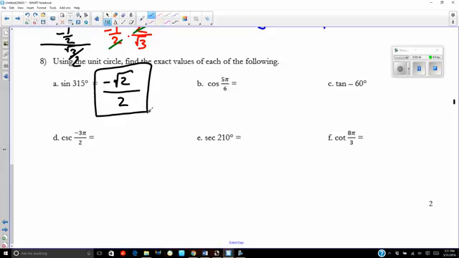B, you want to change 5 pi over 6 to degrees first. So we're going to multiply 5 pi over 6 times 180 over pi, to convert that to degrees. That's 5 times 180 divided by 6. This converts to 150.